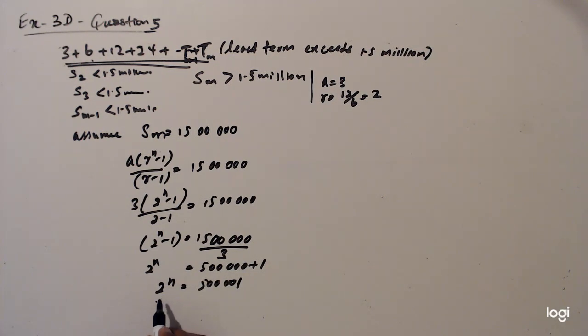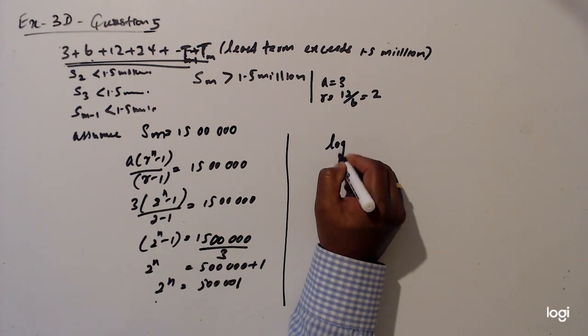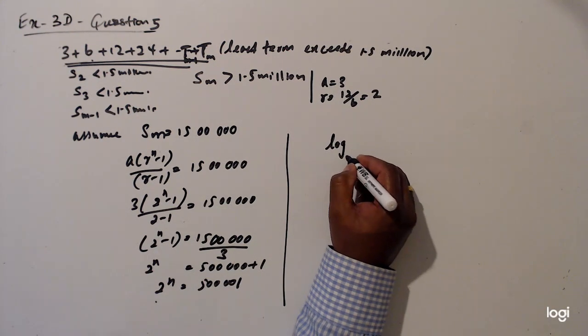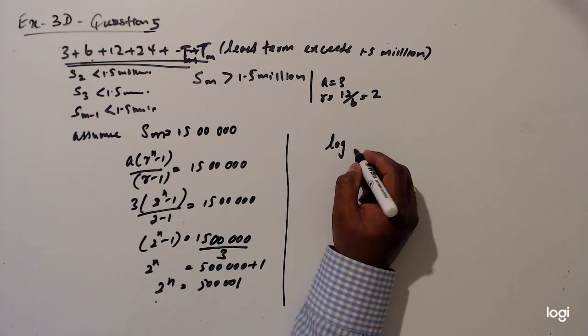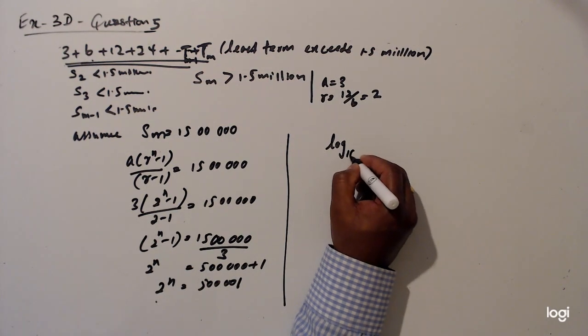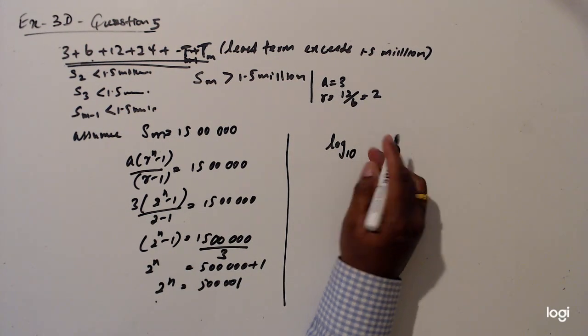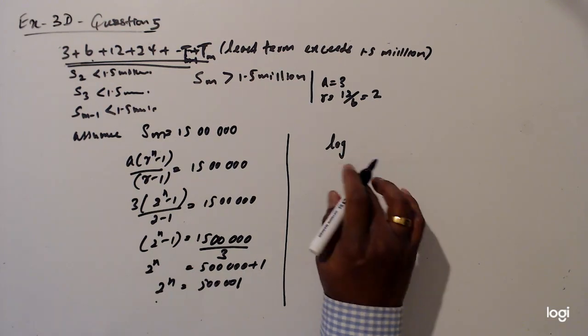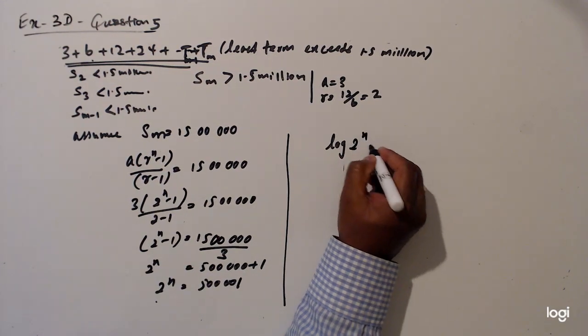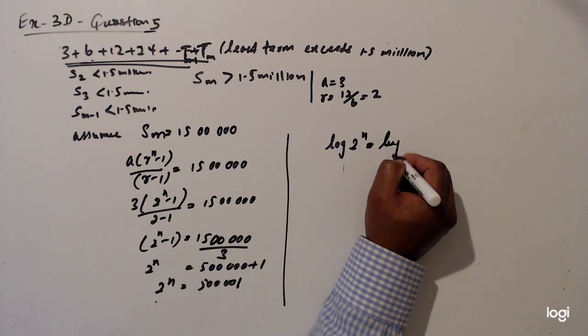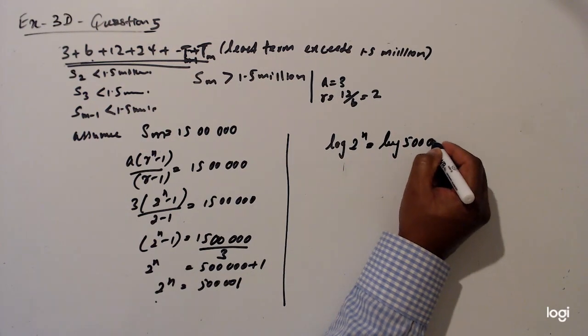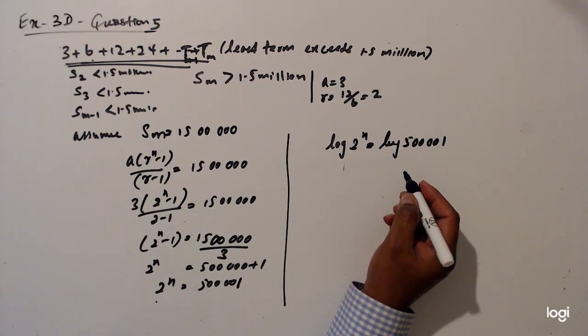And now we have to bring this n down. The method we use to bring n down is introducing logarithms. So log base 10, any base, we'll work with base 10, so we don't write anything here. Log of 2 to the power n is log of 500,001.